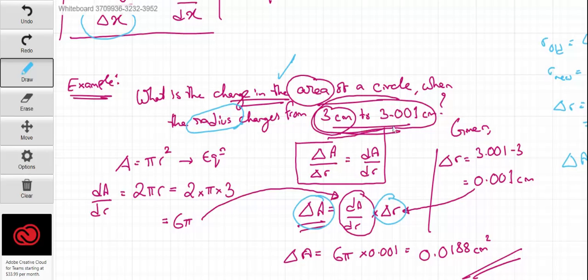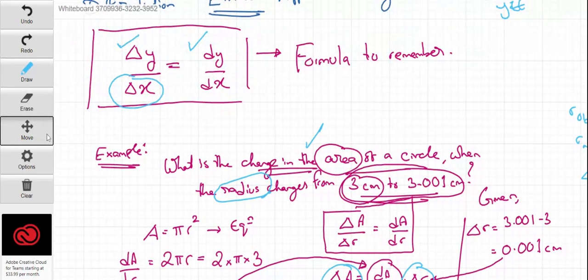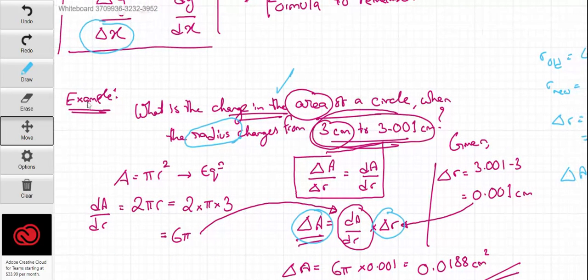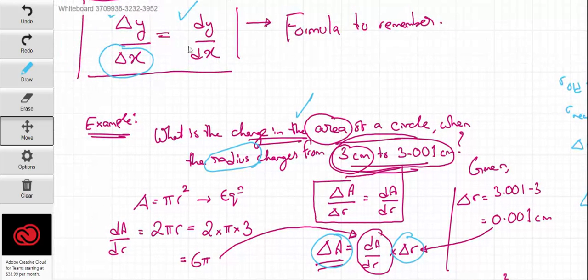It is increasing, and as a result, you can obviously realize that the area is also going to change. How much is it going to change? That is the question, and that is where we resort to differentiation, instead of any other methods which may be dealing with very small numbers, a very large number of decimal places and all that clumsy effort.